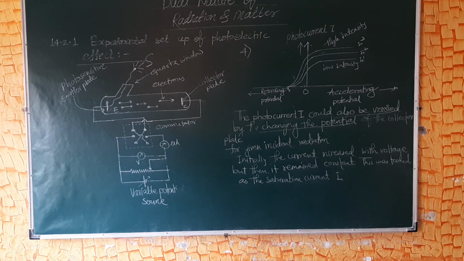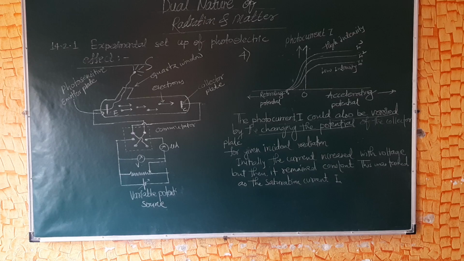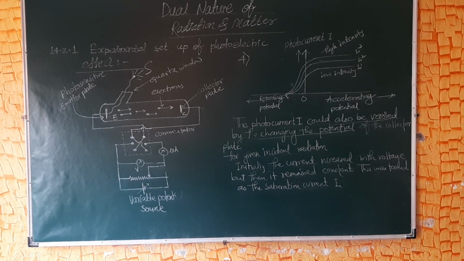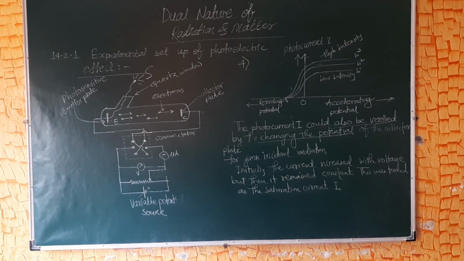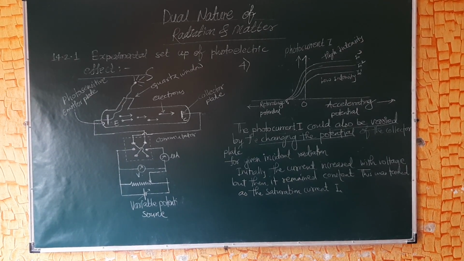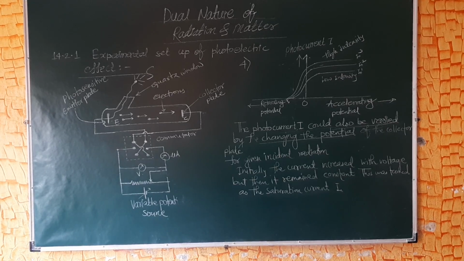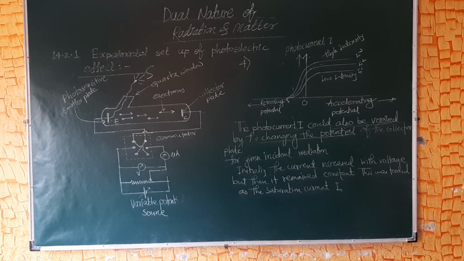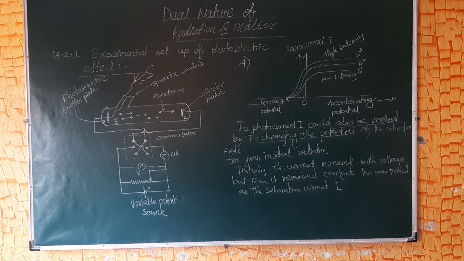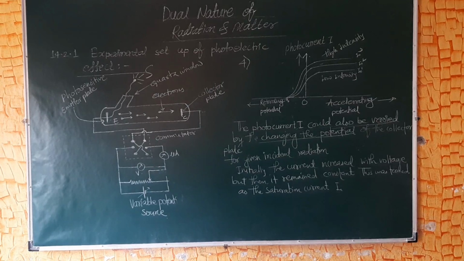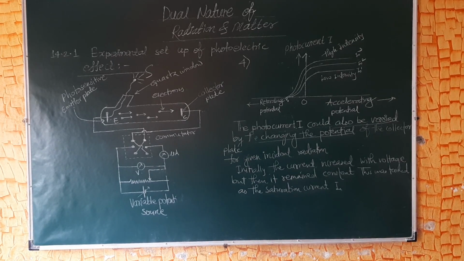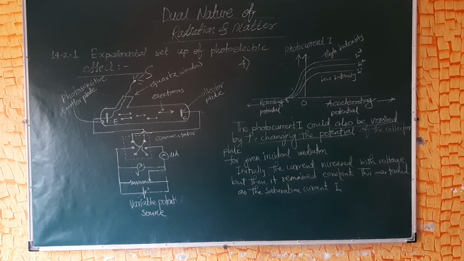Next I have the fifth observation. Keeping the accelerating voltage and incident frequency fixed, if the intensity of incident radiation was increased, the value of saturation current also increased proportionately.